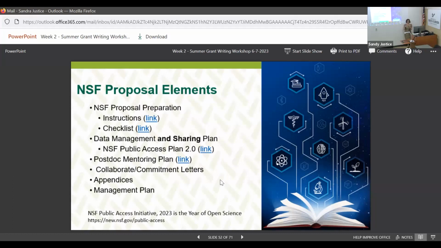So you can start a management plan, a data management sharing plan, a postdoc mentoring plan, whatever it is. And you can create that shared workspace. Maybe it's Google Docs, or maybe it's Workspace. And you create that document space so that you can create as a team all of these elements.